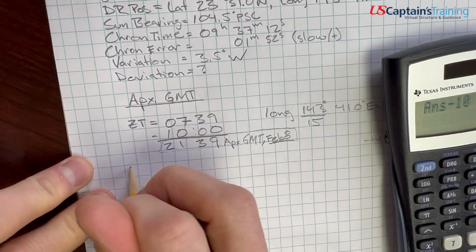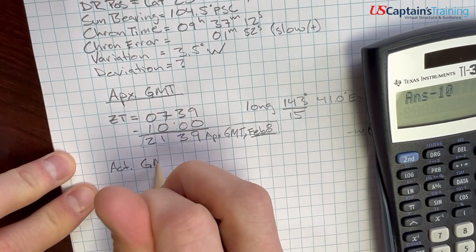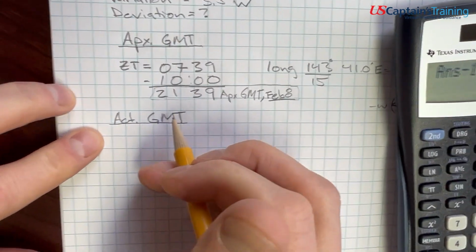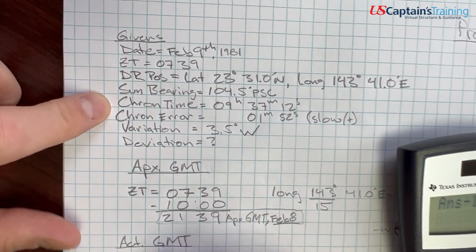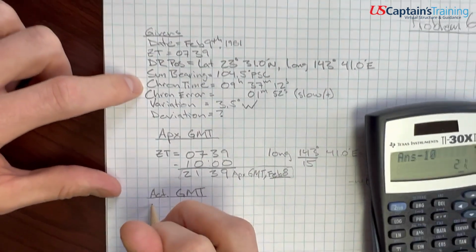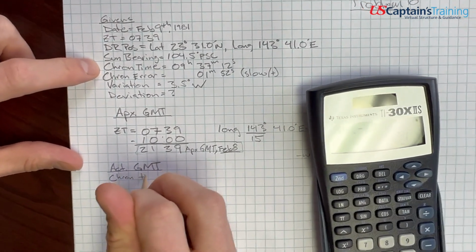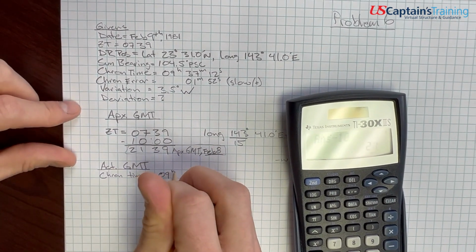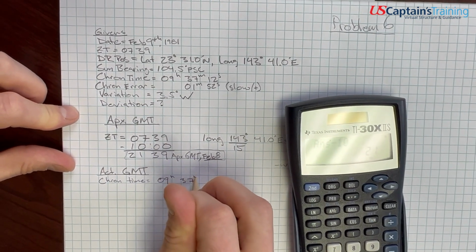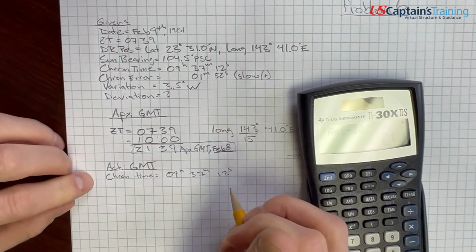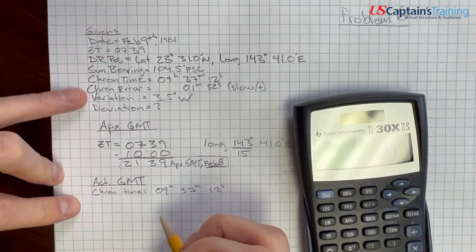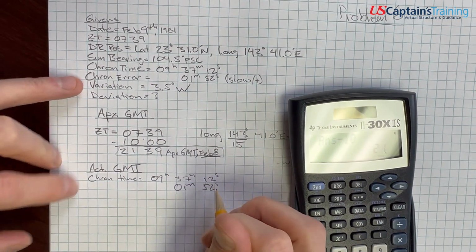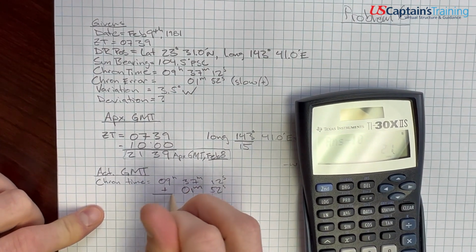Let's find our actual GMT. This is basically checking what day we're in, which came in handy, right? Actual GMT. The chron time is 9:37:12. The chron error is 1 minute 52 seconds, and it is slow, so we add it.